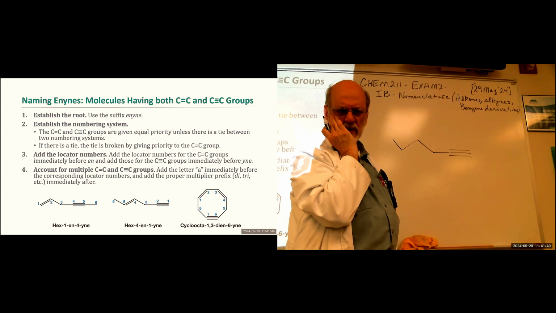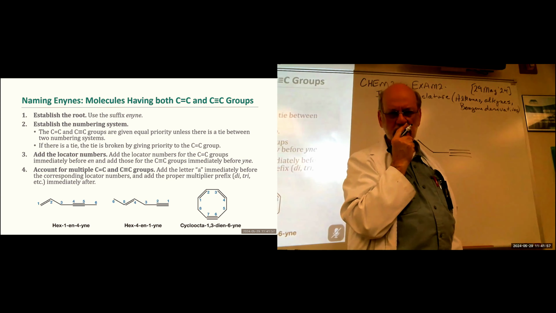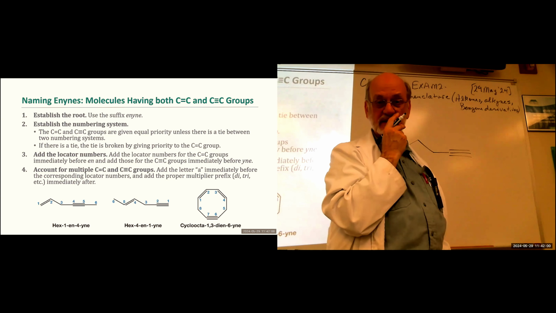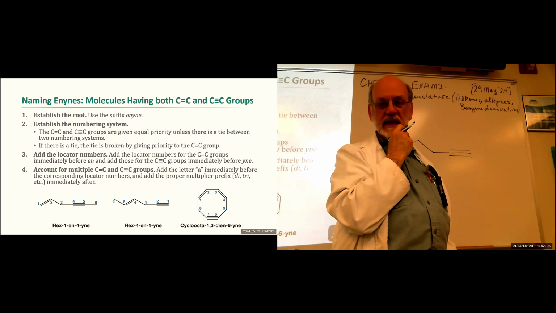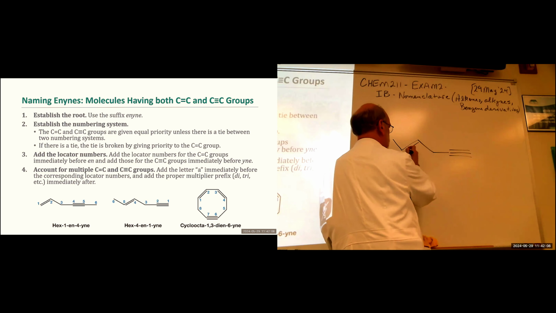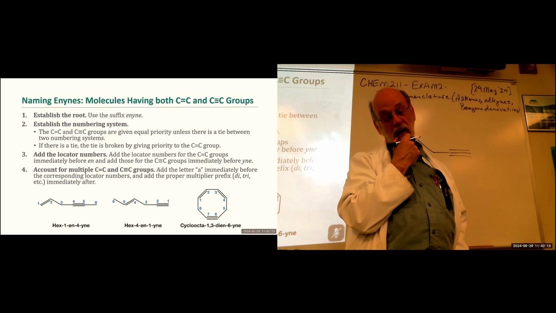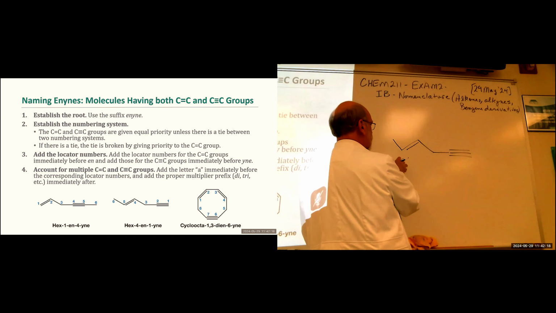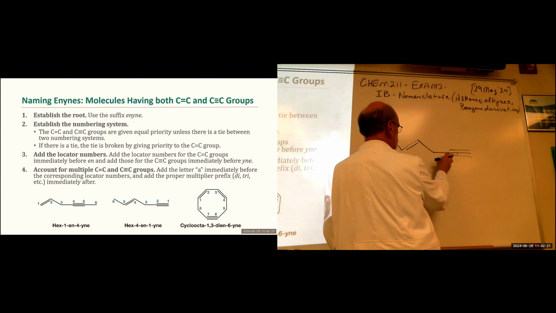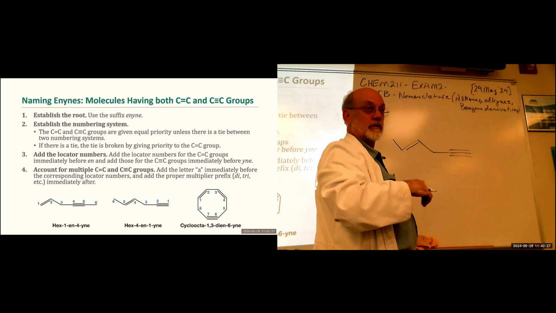We want the lowest set of numbers. Is there a tie? Wait, are we talking about the middle one? Yeah, the middle one. They're given equal priorities. Oops, sorry. But there's not a tie with this one, because that one is starting that triple bond. If we came from this side, it would be 2, 5, which would be a larger number system than 1, 4. So 1, 4 wins.